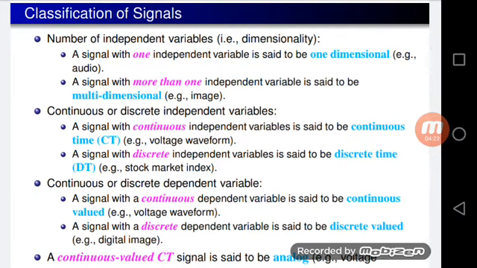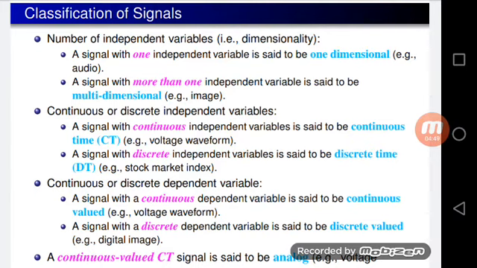A signal with one independent variable is said to be one-dimensional. A signal with more than one independent variable is said to be multi-dimensional, meaning it contains multiple signals.